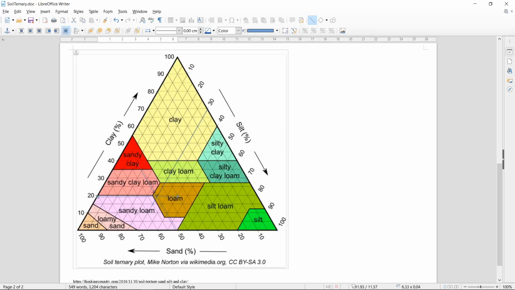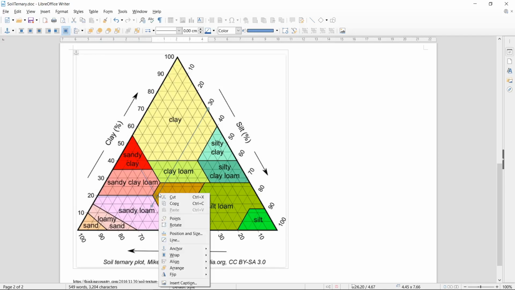So let me make these lines bolder, then we'll be able to visualize them better. Let's increase the thickness.